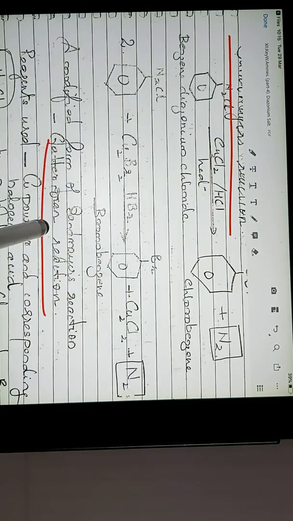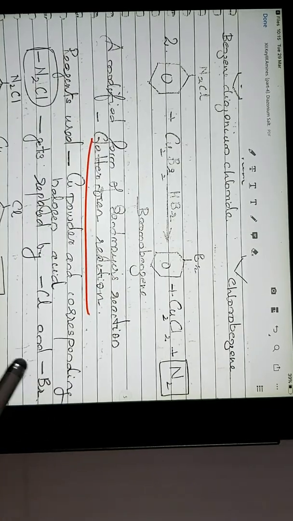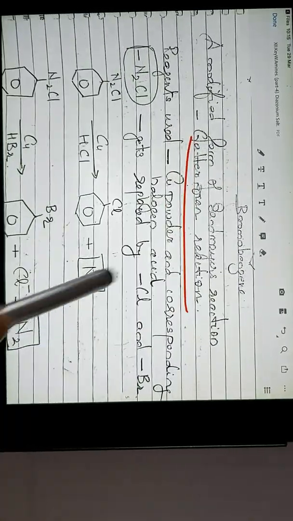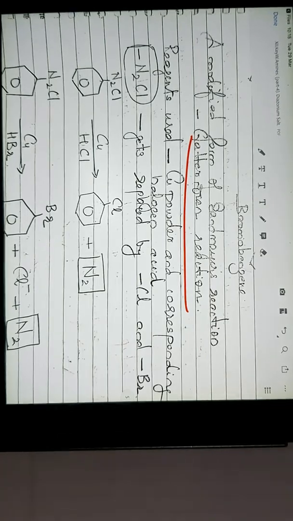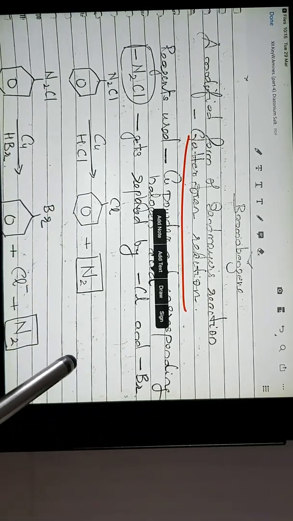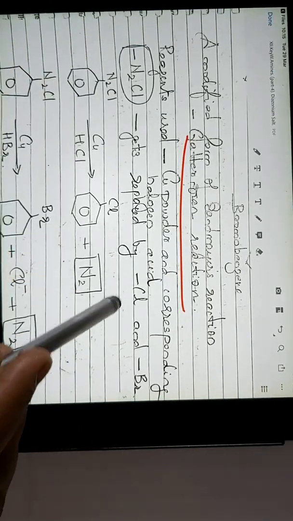Now in the Sandmeyer's reaction itself, when it is made a little more simple by not specifying any specific salt of cuprous, we are just taking copper powder as the catalyst along with the halogen acid. Only that change happens. Then what will be happening? The same, the diazo unit gets replaced by chlorine or bromine.